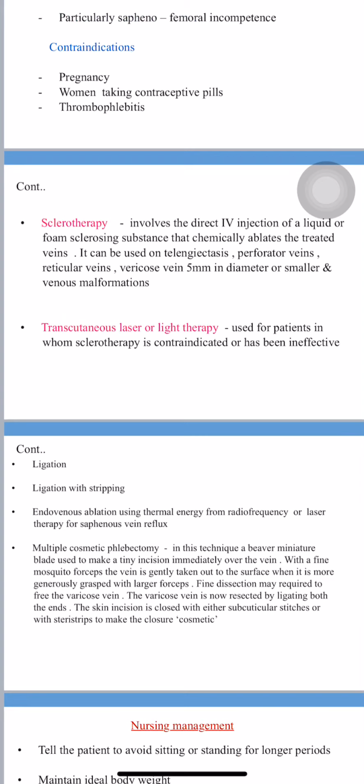The operation is performed under general anesthesia. An oblique incision is made below the groin crease, starting from the femoral artery pulsation to 5 cm medially. All the tributaries of the long saphenous vein are ligated and divided. The long saphenous vein is now ligated flush with the femoral vein, and particular care is taken to see that there is no intervening tributary of the long saphenous vein between the ligature and the saphenofemoral junction.